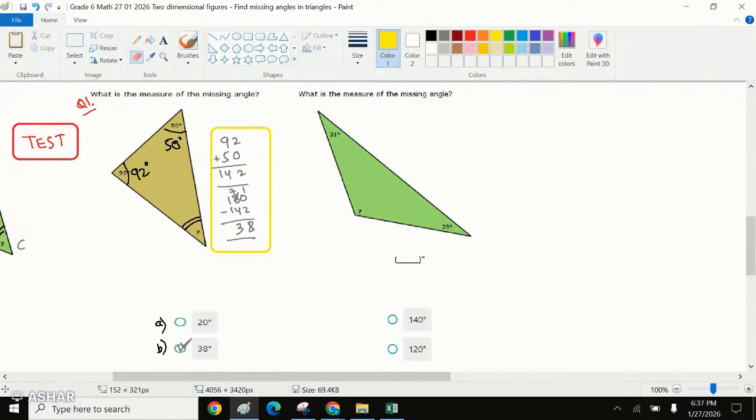Okay, so the next question, question number 2, they're asking what is the measure of the missing angle. The angles given are 31, this is missing, and this is 29. Would it be option A or option B? Let's have a look.